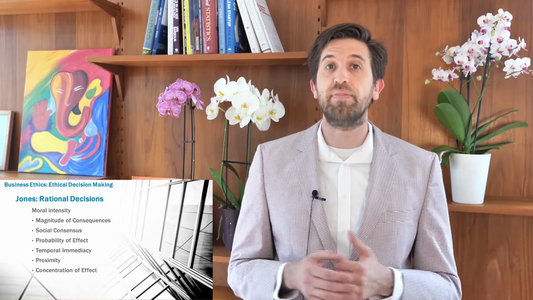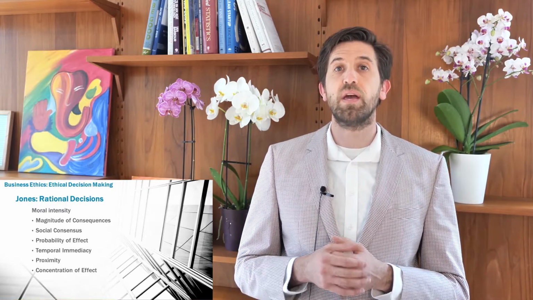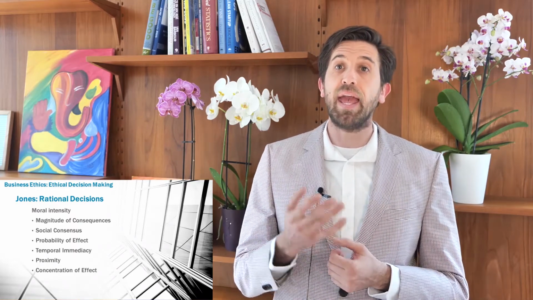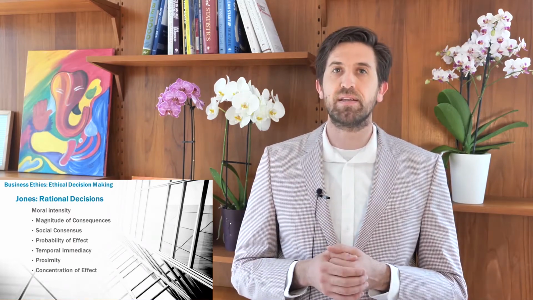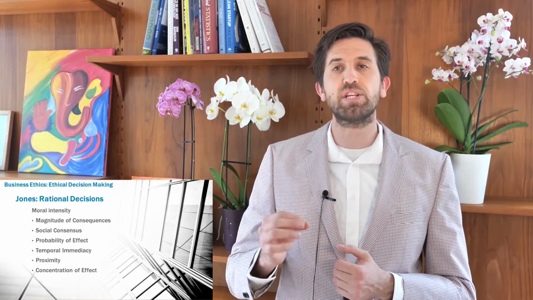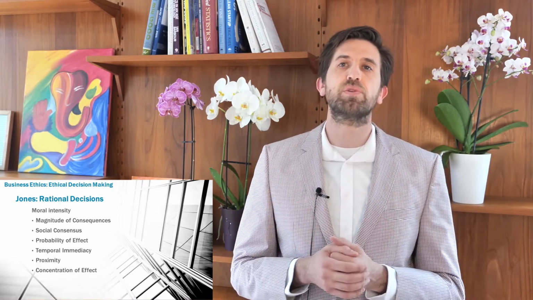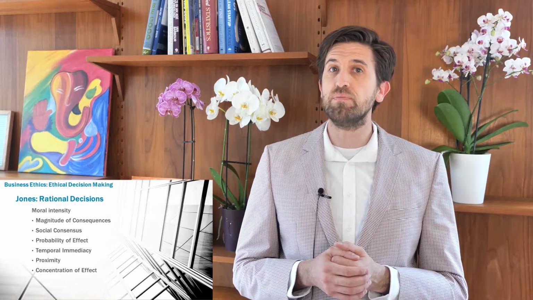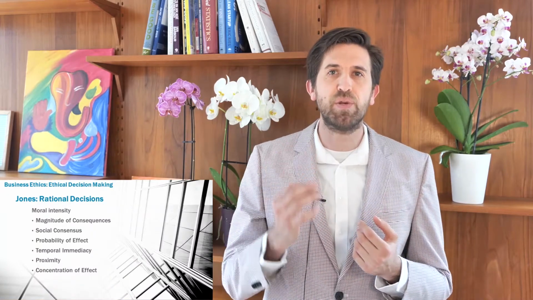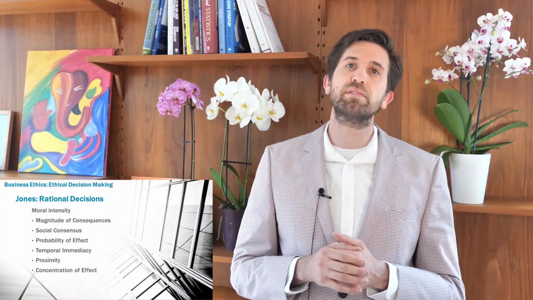That's it. Now you know about Rest's 4 stages: awareness, judgment, intentions, and behavior. And you also know about moral intensity. So now take a moment and think which aspect of rational decision making is the most important to you. Also, think about when was the last time you actually made a rational, ethical, or unethical decision.